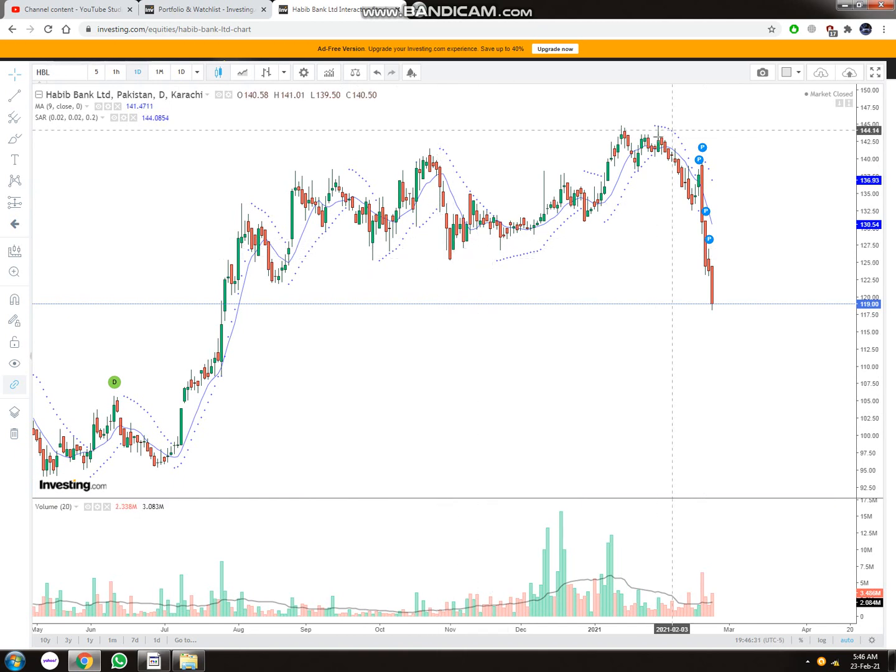How much price did it reach? 143. Now how much did it close? 119. It doesn't matter, it will go back to its normal position, because this trading happens in the stock market most often. This is a hot stock, so I'm not going to bother about this stock.